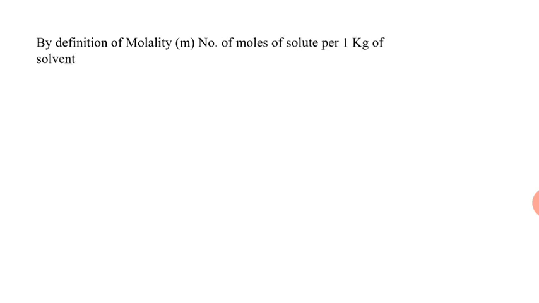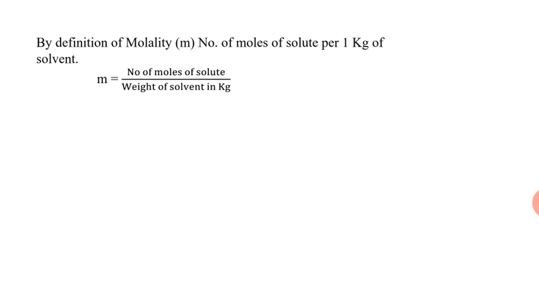By definition of molality, small m is the number of moles of solute per kg of solvent. We derived this definition in our first lecture. Now again see, molality small m is equal to number of moles of solute divided by weight of solvent in kg.